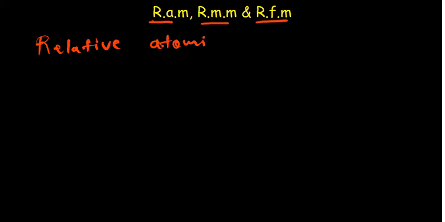Let's now try to understand basically what the relative atomic mass, relative molecular mass, and relative formula mass are. To start with, relative atomic mass, which is denoted as RAM. So how do we define the relative atomic mass?